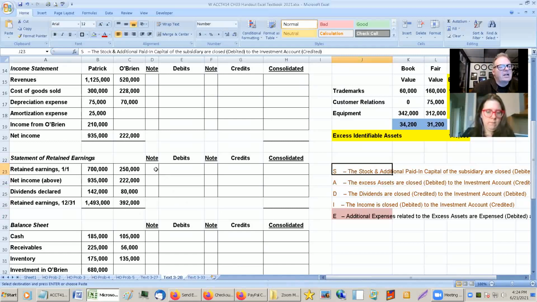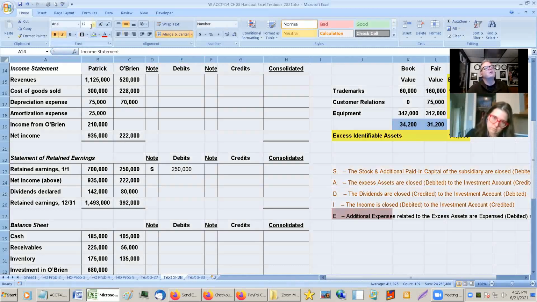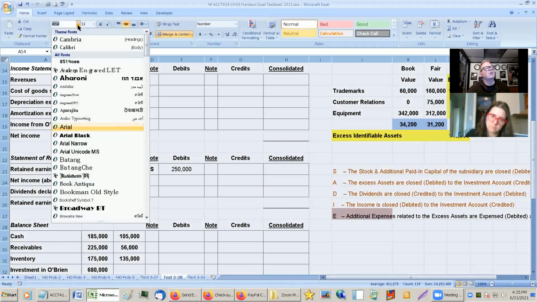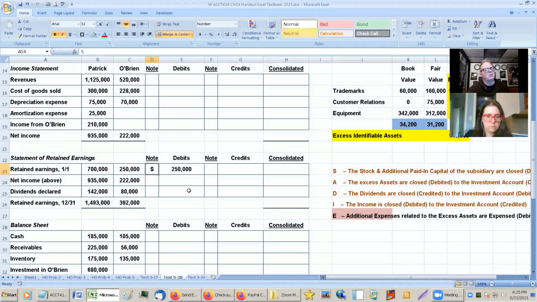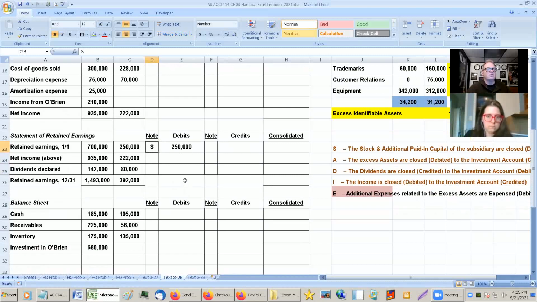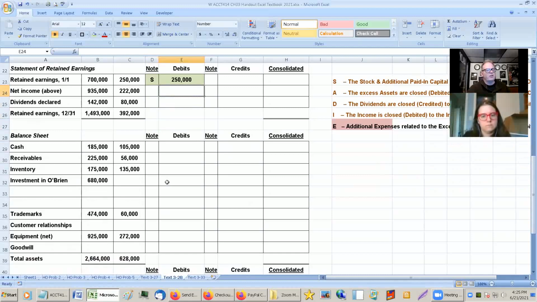So we had to get rid of the stock. So retained earnings.